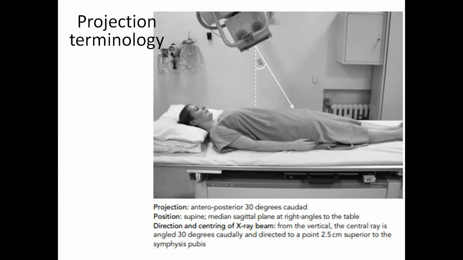Caudal view: see here in this image, we call it 30-degree caudal angulation. For some radiographs we should give 30-degree, 40, 45 or 50-degree angulation, depending on the positioning. Here the dotted line is where the X-ray tube would be straight. When we give 30 degrees caudal, it means towards the foot.